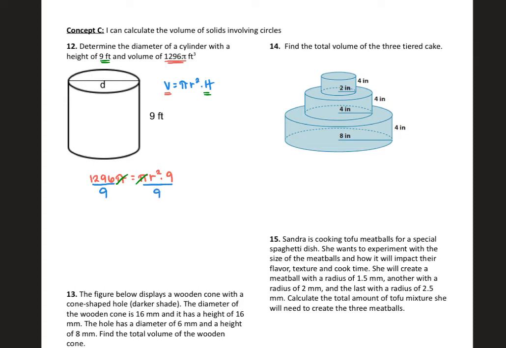So 1,296 divided by 9 is 144. And the last step, we do need to take the square root of both sides to get r by itself. So the radius is 12. However, we're asking for the diameter, so we're just going to multiply by 2. So the diameter of the cylinder is 24 feet.